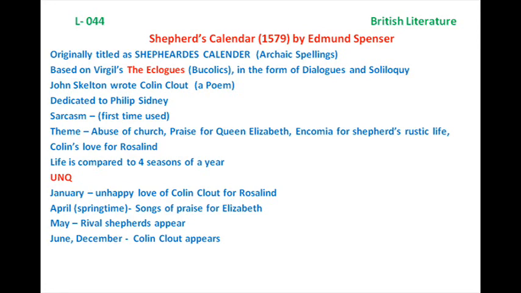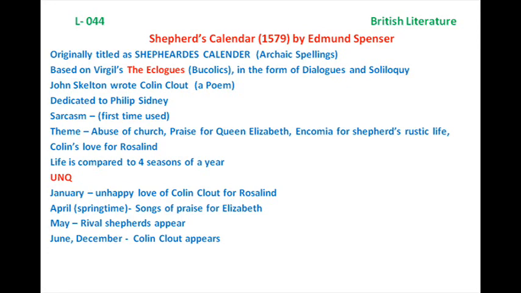And in this poem we have 12 eclogues. Remember, in Virgil's eclogue we have 10, and here in this poem 12 eclogues, and each eclogue represents each month of the year. And this poem as a whole represents human life. So the 4 seasons of the year represent the human life, and there is one character, Eliza, who represents Queen Elizabeth.